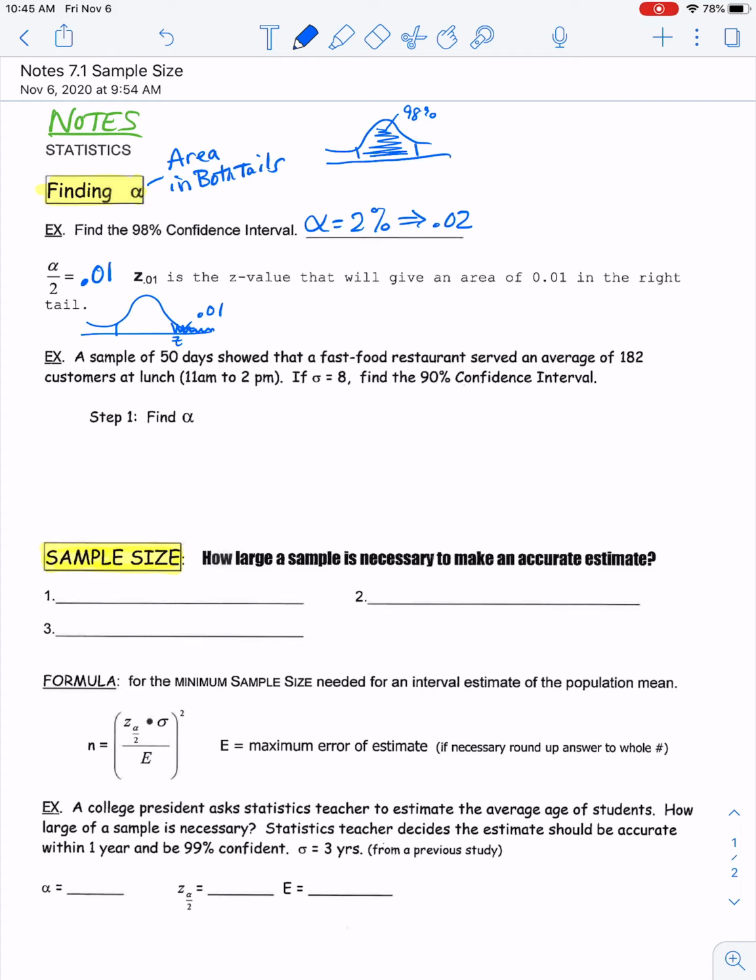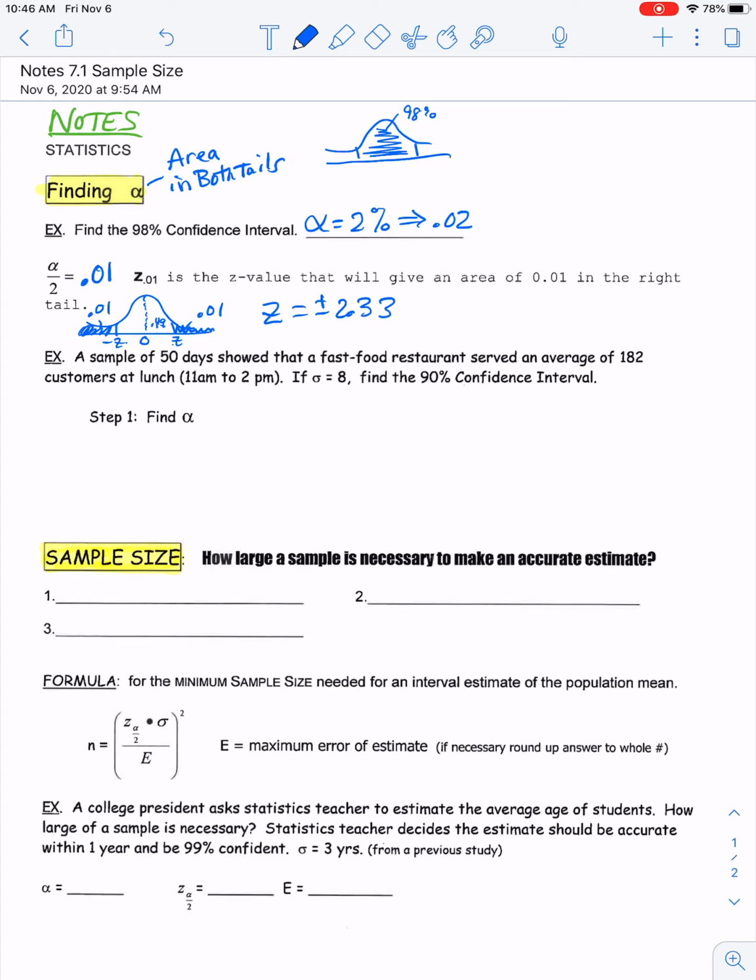The other 0.01 would be in this tail because you got half in each one. 98 in between, so that means between 0 and z is 0.49. Then if you can do a table or an inverse normal, you can find the z value to the right and left is going to give us plus or minus 2.33 for the z alpha over 2 level.